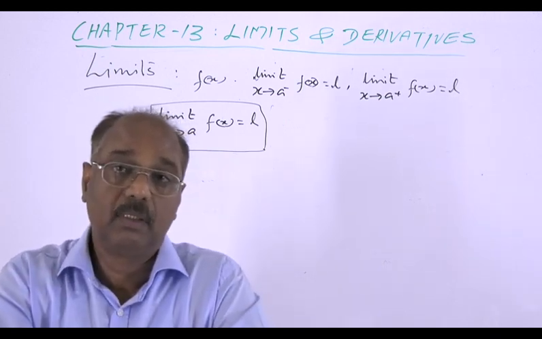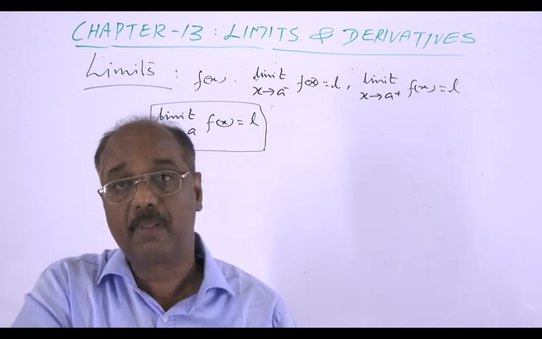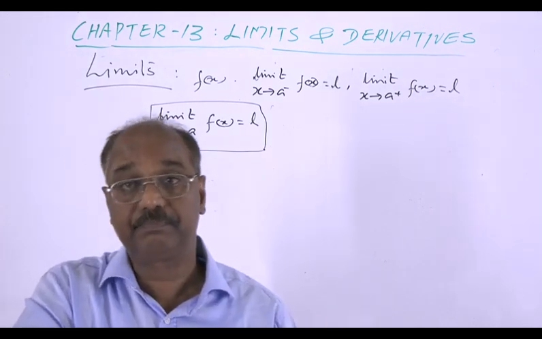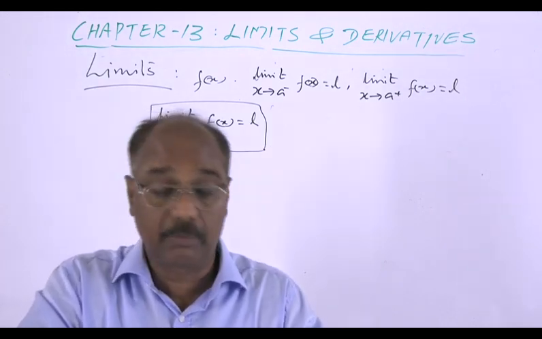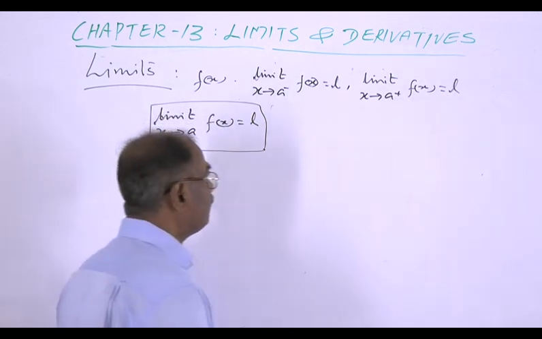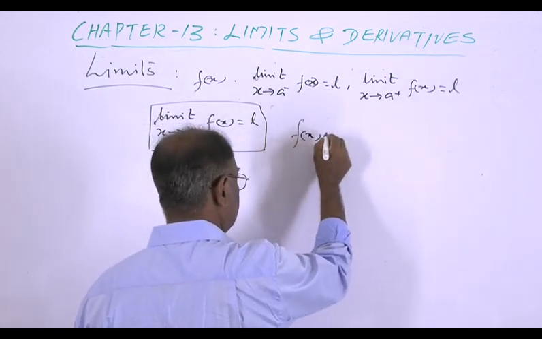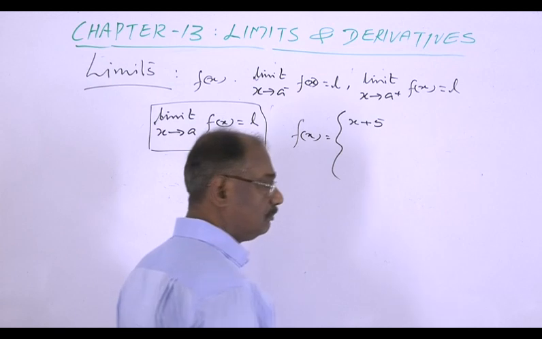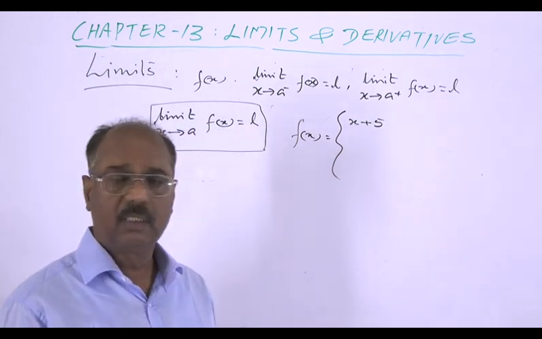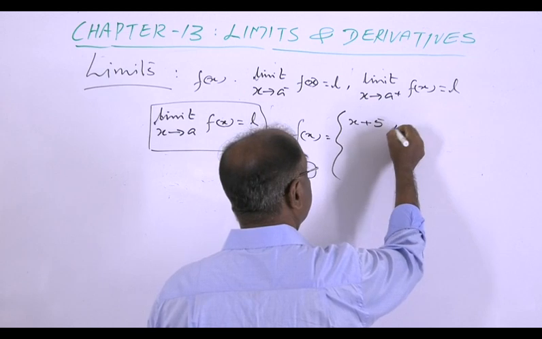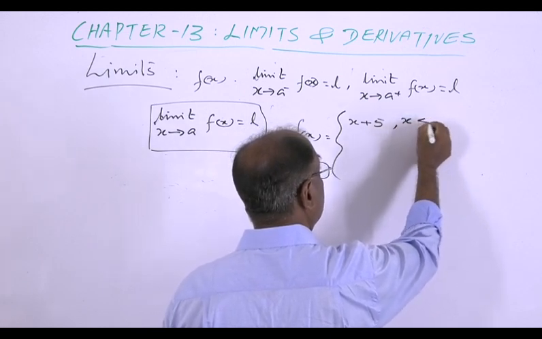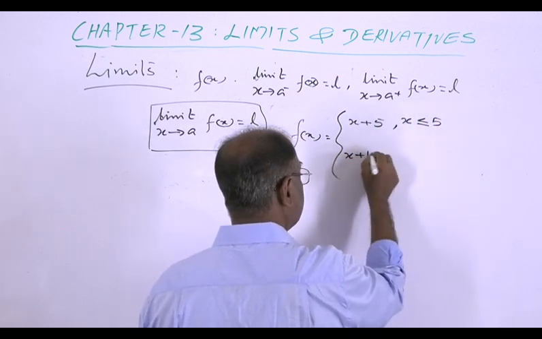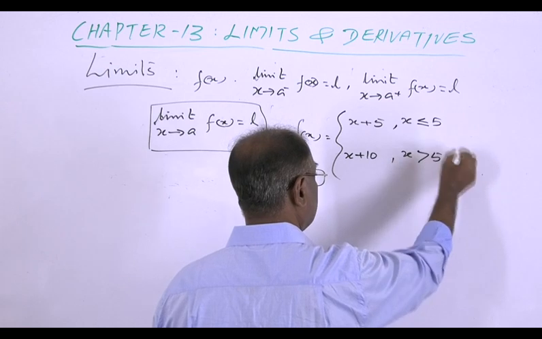But there are situations when the left-hand limit and the right-hand limit do not coincide. We can have such an example. Suppose f(x) is defined as x plus 5 for x less than or equal to 5, and x plus 10 for x greater than 5.